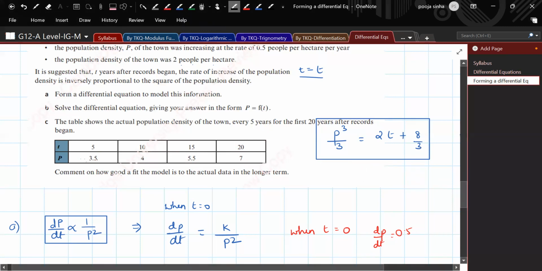The table is actual calculations, actual records. Oh, so it's actually happened. Actually what happened and what you predicted with this. This is your prediction, your estimation based on a formula. You formulated something for this, but the actual shows this. So it's asking whether your estimation is correct.